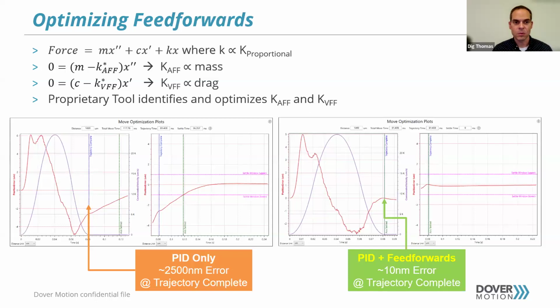Once you have those correct numbers, those components go to zero. So now your PID loop has much, much less work to do. It can really focus on disturbance rejection, which is what it's meant to do, and trying to keep that position error as small as possible.